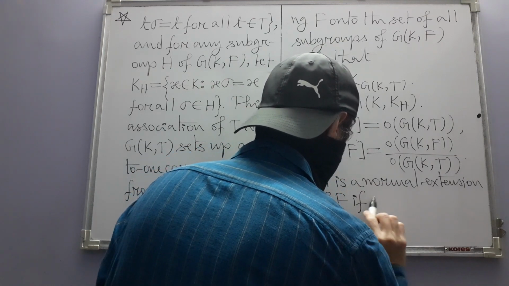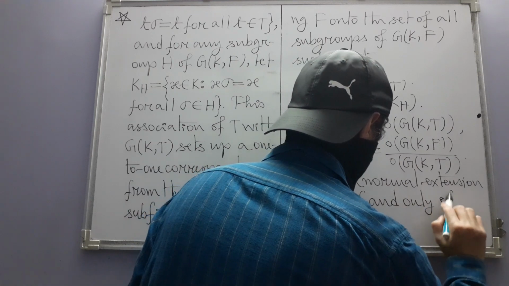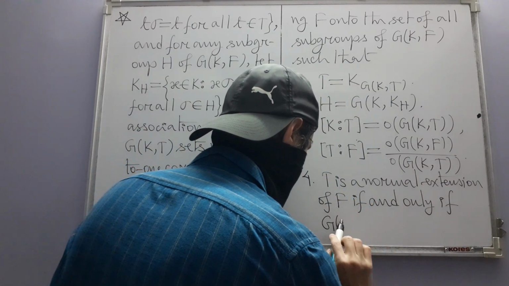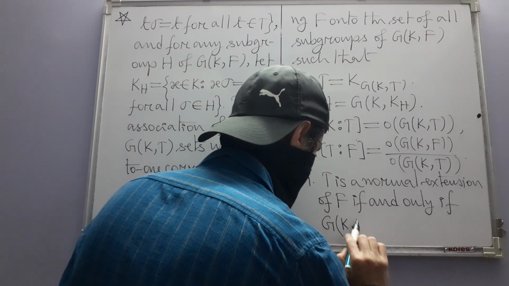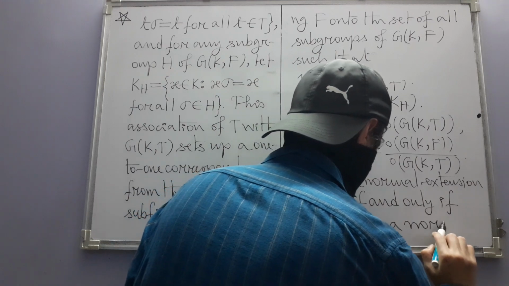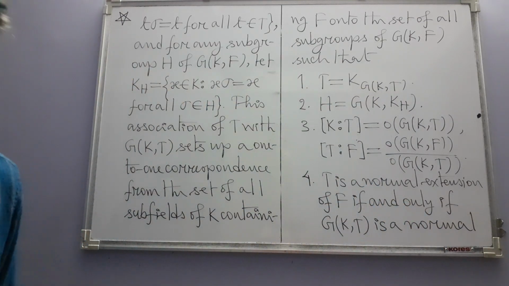Now it is going to be normal if and only if the group G(K, T) is a normal subgroup of the Galois group.